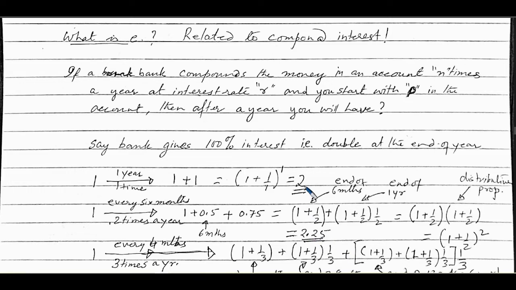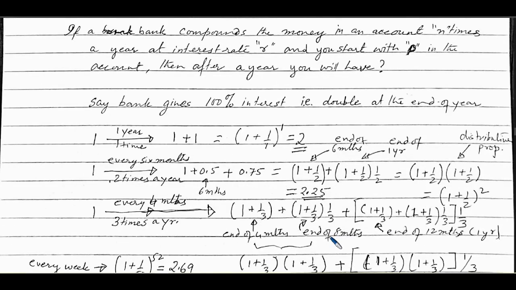So now if they give you interest every 6 months, instead of once at the end of 1 year, you have more money. 1 rupee after the end of 1 year becomes 2.25. But if some bank says we will give you interest every 4 months, that is 3 times in a year, at the end of 4 months you will have 1 plus 1/3.